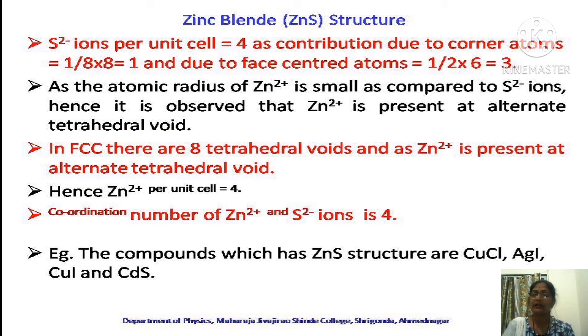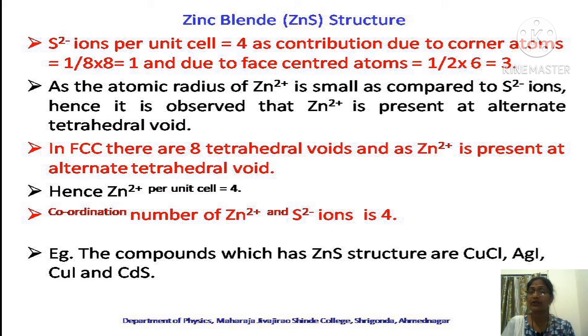We know that in the case of FCC there are two types of voids, octahedral voids and tetrahedral voids, and in the case of zinc blende the Zn2+ will occupy alternate tetrahedral voids due to their small size. So, the Zn2+ ions per unit cell come out as 4.